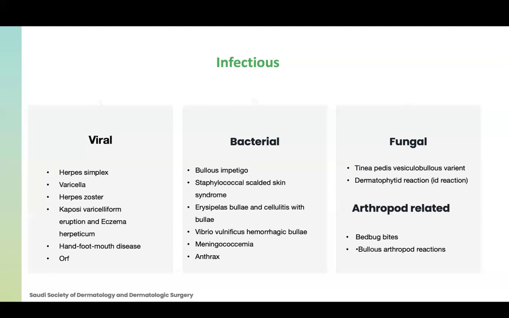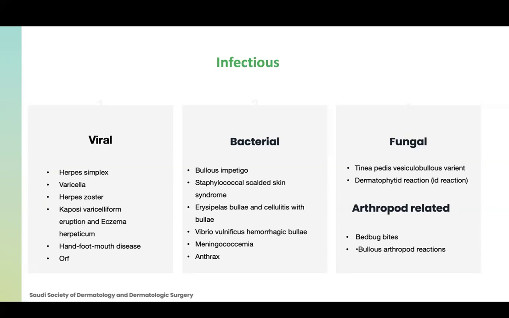Then we'll move to bacterial infections. One of the most common ones is bullous impetigo. There are two types of impetigo. One of them is bullous impetigo, which presents as blisters or bullae especially in the lower trunk area and periinguinal area and proximal extremities.